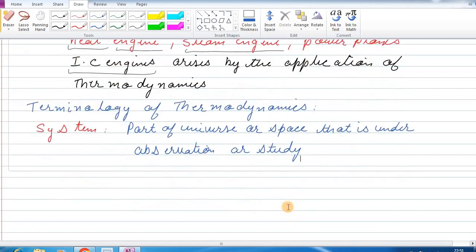It may be anything. It may be a cup of tea. It may be a satellite. It may be a steam engine, a heat engine, or a whole power plant.